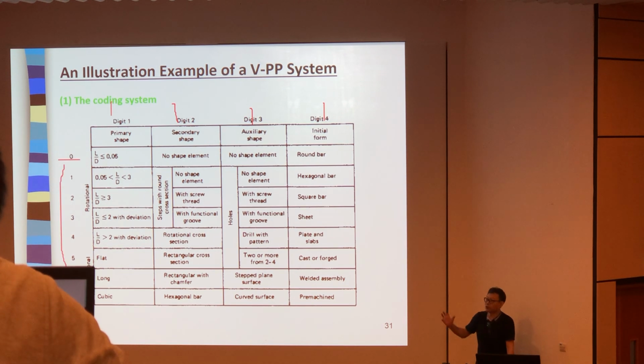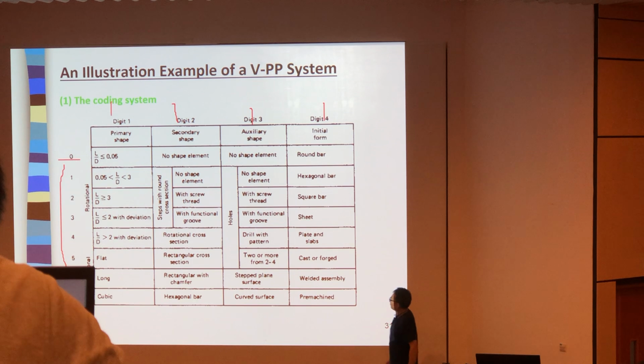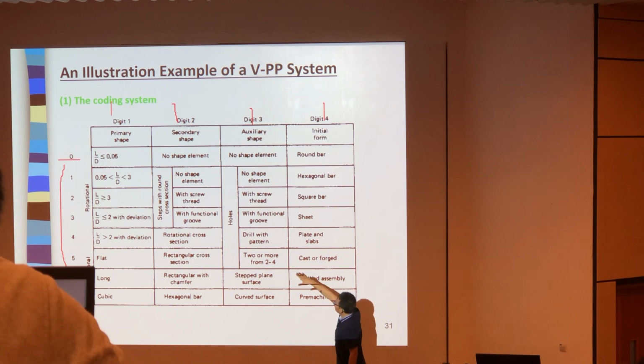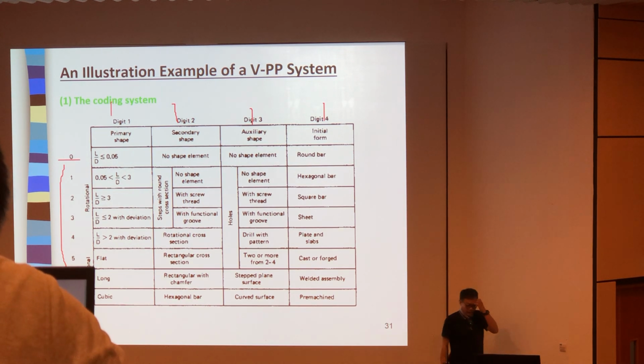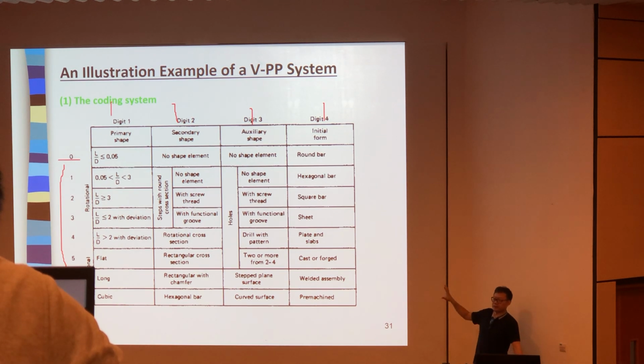So that is the coding structure: 4 digits, value varying from 0 to 7. It is somewhat similar to the OP system, but let's not pay too much attention to the detail of the coding system. We emphasize the procedure itself.